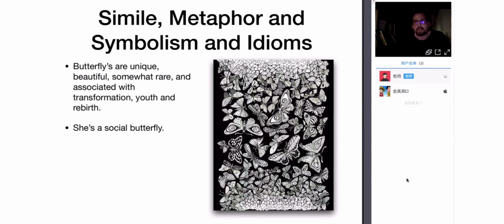I'm not sure how long the butterfly actually lives for, but it's a short life, right? The butterfly's life is short-lived, and therefore the butterfly is like a symbol of a short, beautiful existence, basically. A social butterfly. It's associated with youth and being a rare, unique, beautiful creature.